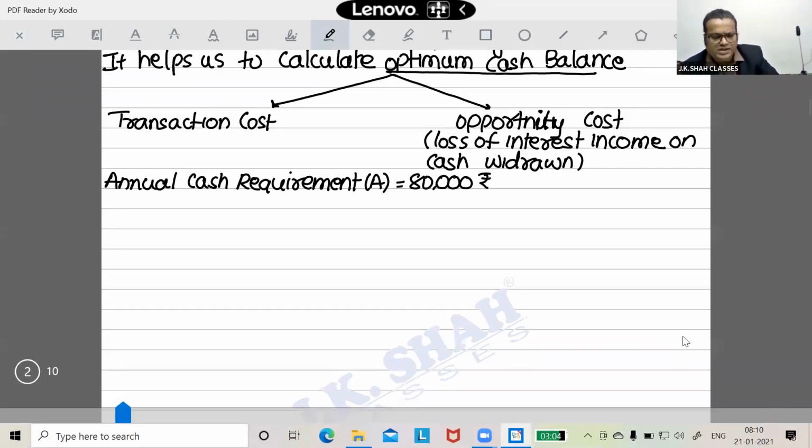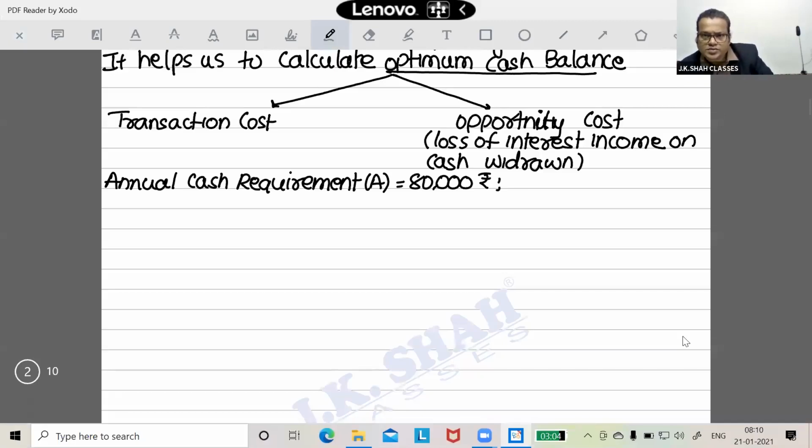Then the transaction cost is, let's say, 100 rupees. Transaction cost is denoted by T.